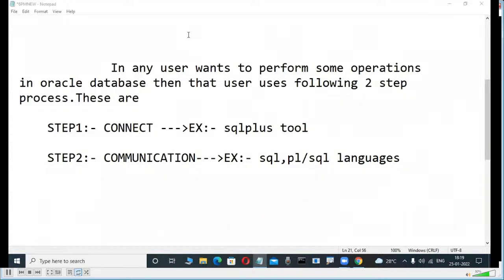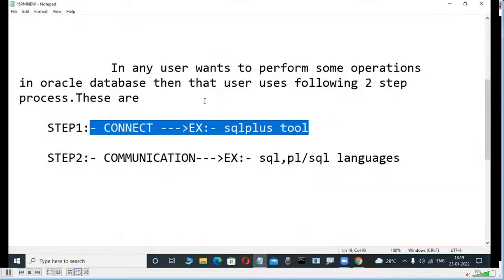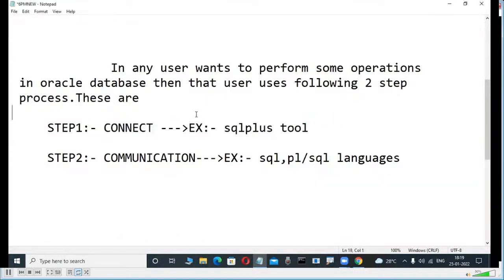Newcomers may not know, but maybe in computer knowledge it is there. Don't worry. Write this theory. First step, step one, connect: SQL Plus tool. Second one, step two, communication: SQL, PL/SQL languages.